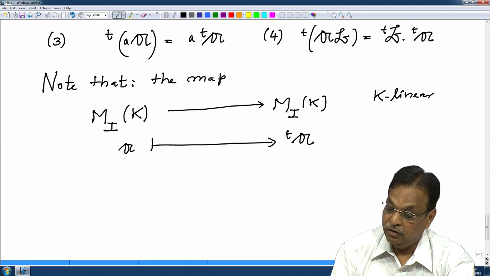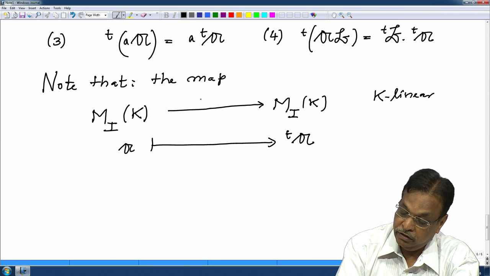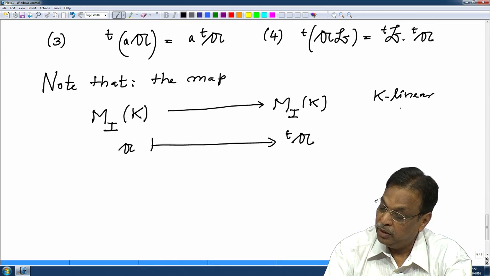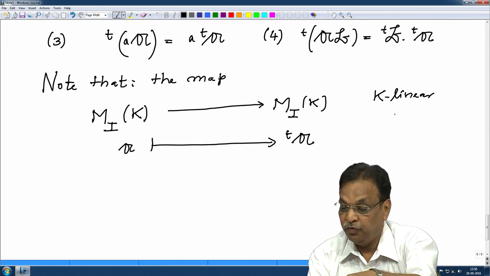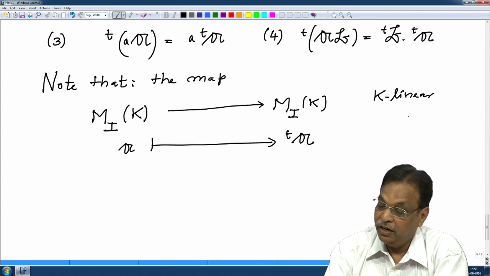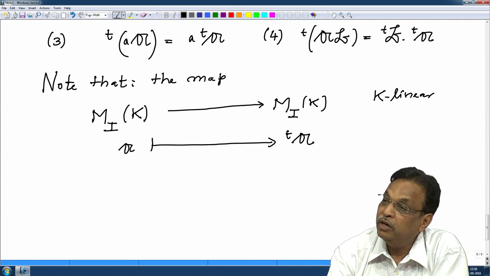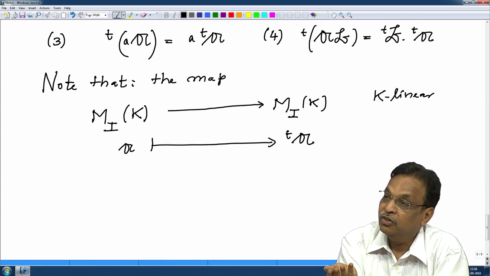And the fourth says that it does not respect the multiplication but it reverses.